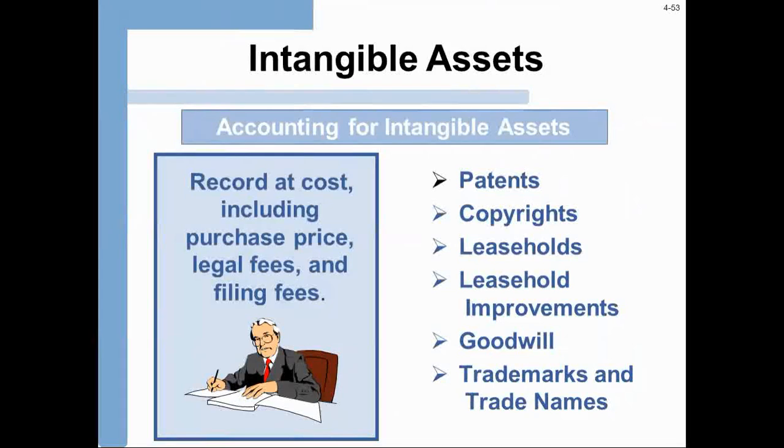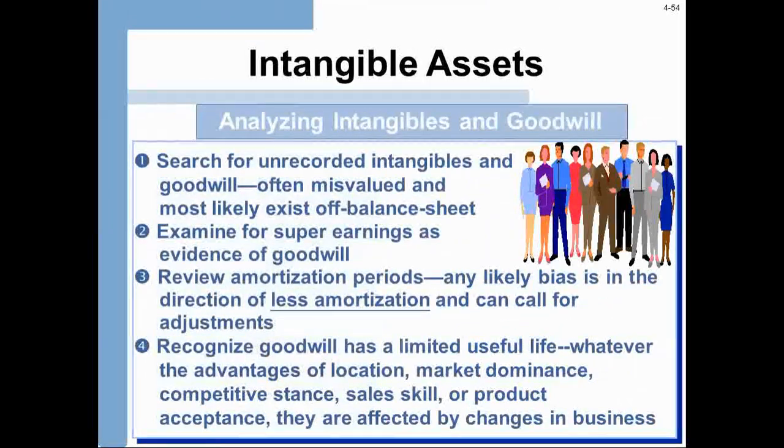So intangible assets are recorded at the cost, including the purchase price, legal fees, and filing fees. When we purchase some kind of patents, copyrights, or goodwill, then we record them. Otherwise, we usually don't record them.